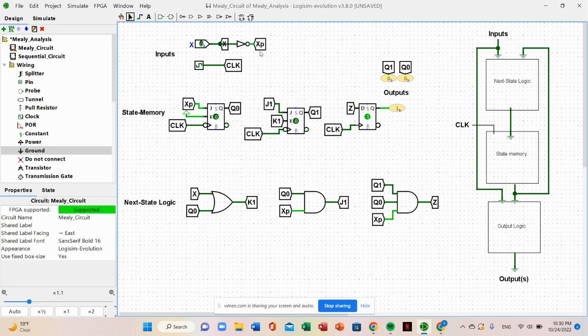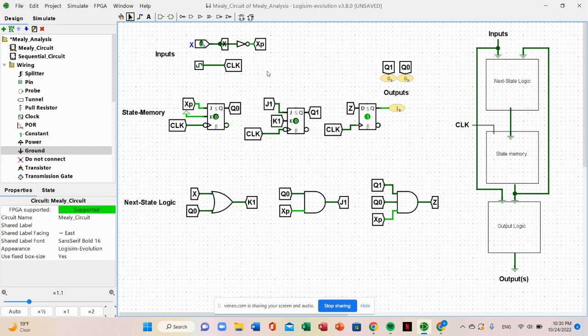Every tunnel that has the same name or label is connected, and it's giving the signal that is being sent to the first one. So this one goes to this one, and this one goes to that one. So it's receiving all the same inputs or signals that each one is. You can see this one is high, so that's high, and this one's high.